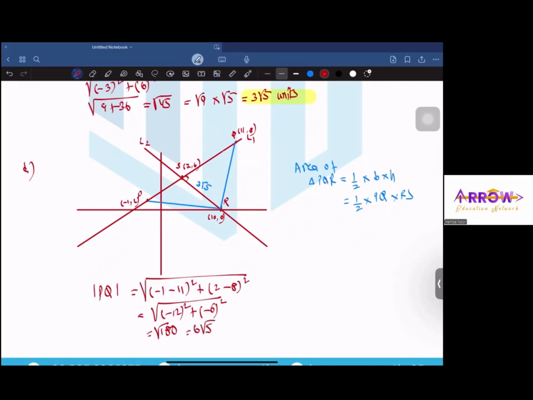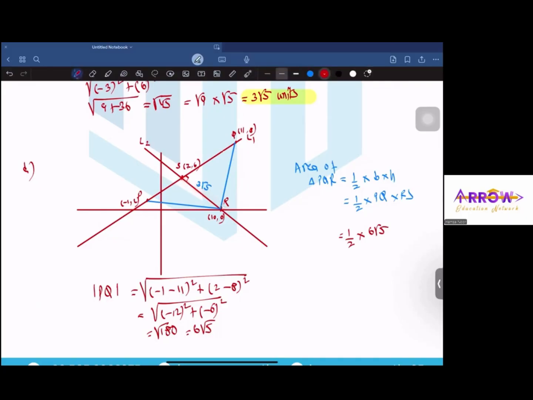Okay, so half into base into height. So area of triangle is half into the length of PQ, which is 6 root 5, and the length of RS is basically the height of the triangle, because this is the perpendicular distance from point S to point R. Okay, so this is the height of the triangle.